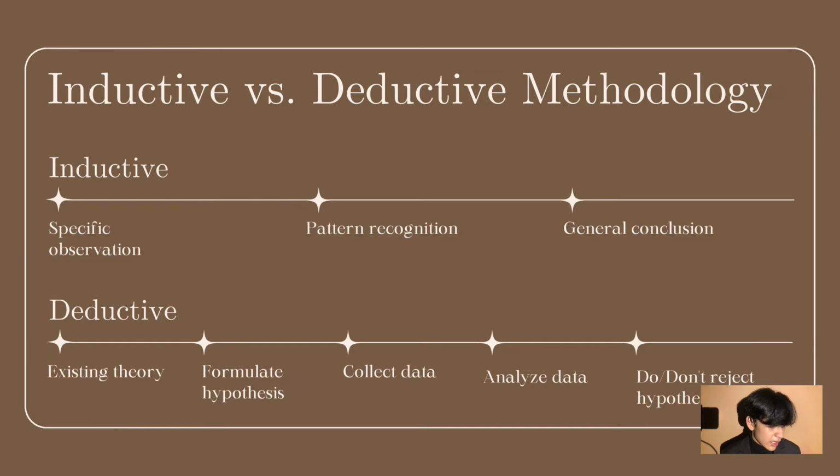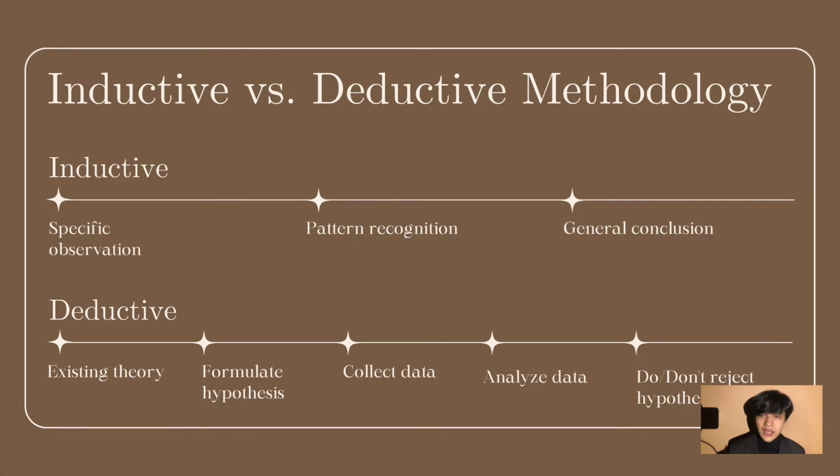On the other hand, deductive methodology has 5 steps or 5 procedures. The first one is that we have to have an existing theory, which means that we have to know some theory that we are curious about its accuracy.